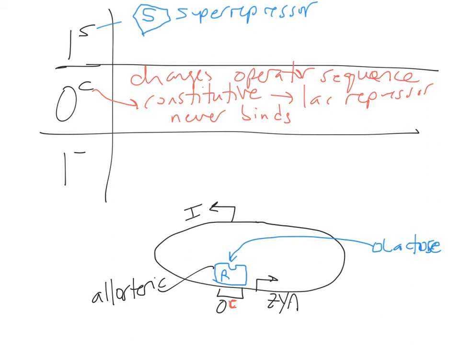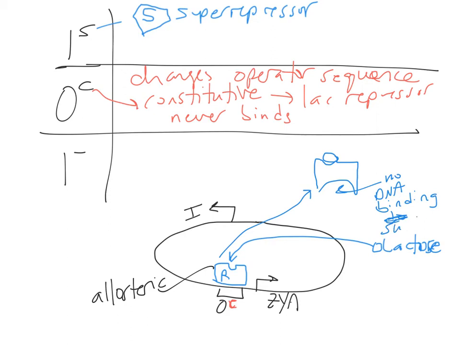So lactose binds the allosteric site on lac repressor, causes lac repressor to change its shape, and because it changes its shape when it's bound to that small molecule, it no longer has a DNA binding surface. So the protein is no longer in the right shape to recognize and bind to the operator. And that's how lactose gets rid of lac repressor so that transcription of the lac operon can happen.